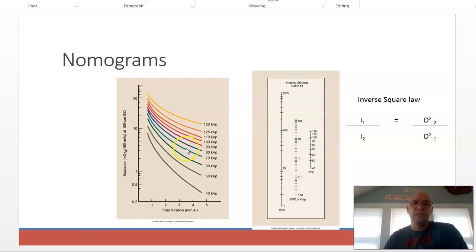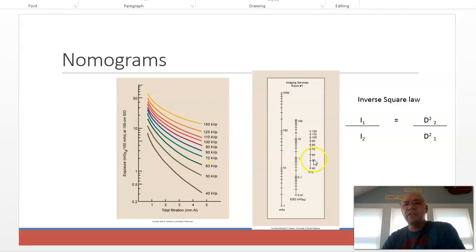As long as you know that for the nomogram, you need to know the total filtration, you need to know your kVp, and then we can do this formula based on distance, but that'll give us our basic entrance skin exposure, so entrance skin dose. So that's number one. I'm not going to get into this much detail on the test, as long as you know that a nomogram is a graphical representation or a tool that we use in order to determine what the entrance skin dose is.